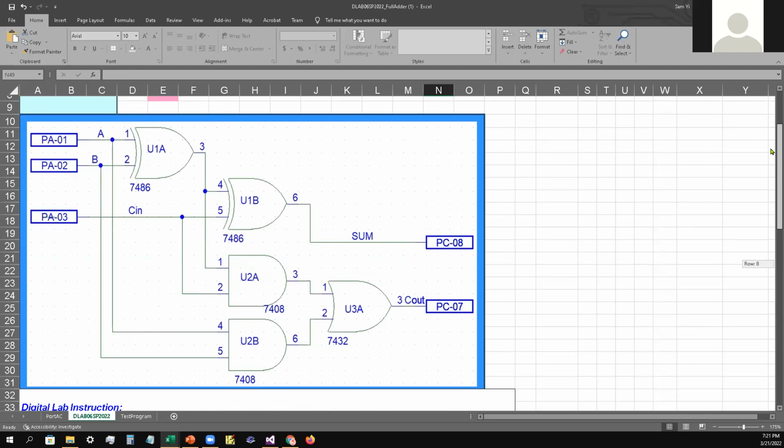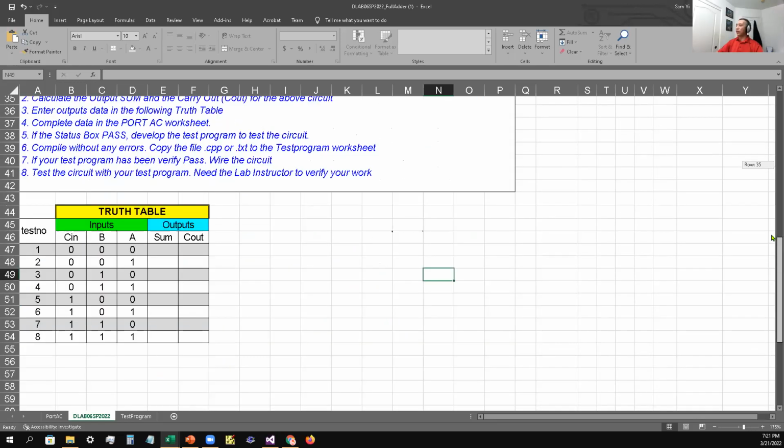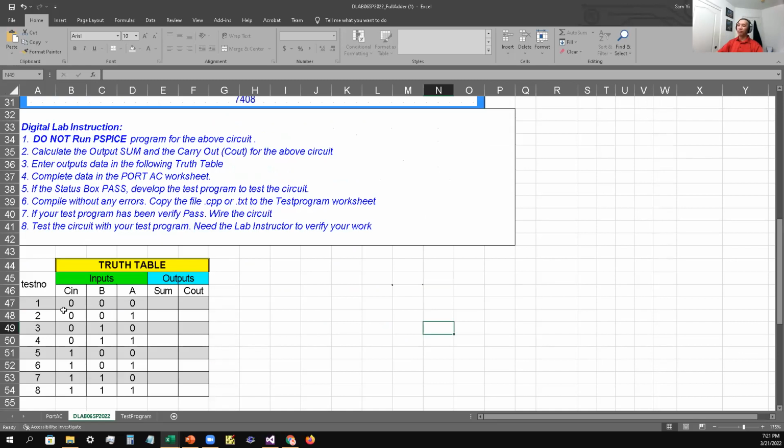So you just look at this one here. It would go from here and it goes here. Nothing much except PA, your C in would go directly to your C out. And the rest of it, let's do the one with zeros only. Okay, we are trying to let you understand.